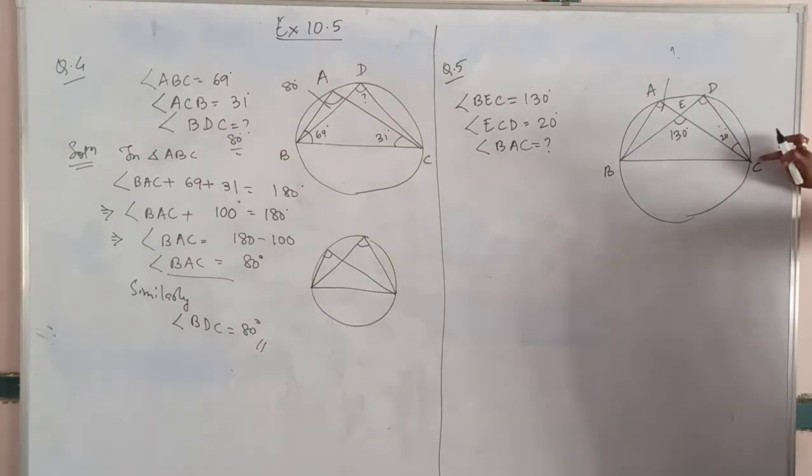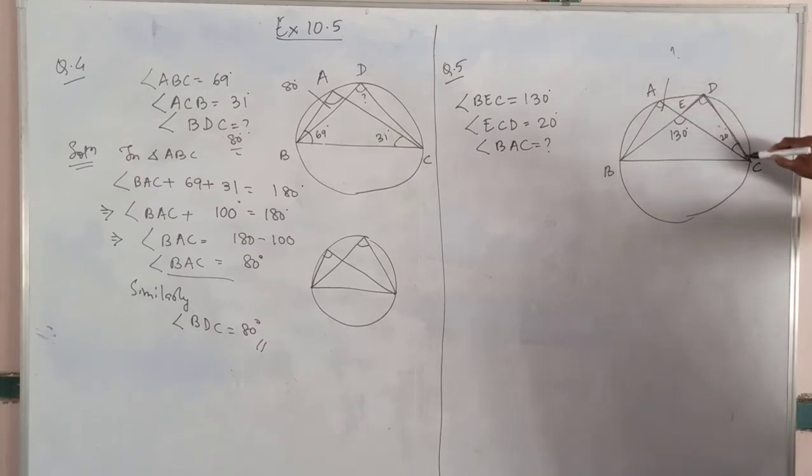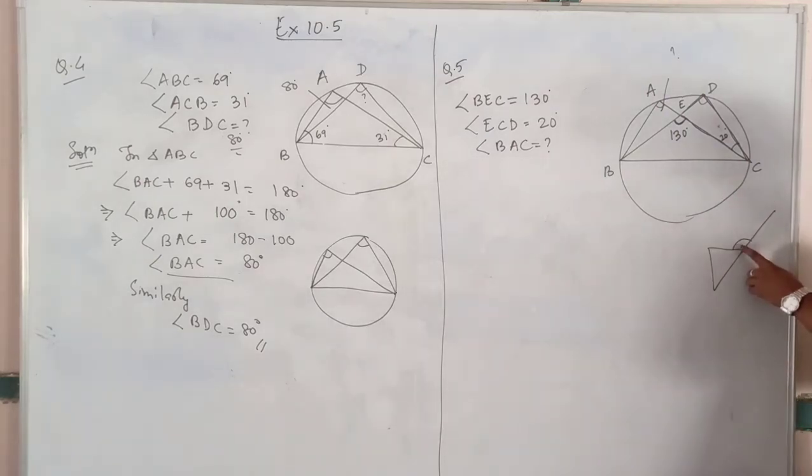Now see nicely, this is a triangle and this is the exterior angle. Suppose this is a triangle and if I draw one angle outside, that will be the exterior angle. And remember, an exterior angle is always equal to the sum of the interior angles.